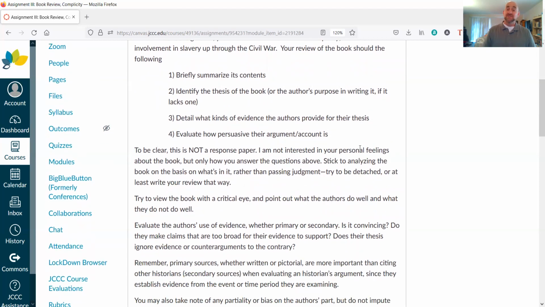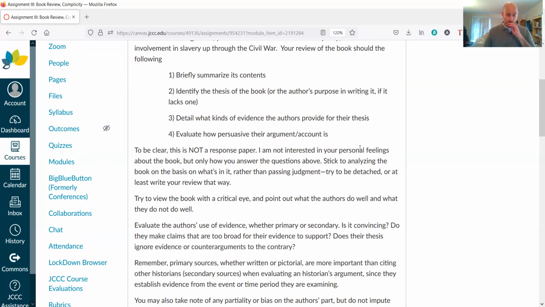Third, you need to talk about what kinds of evidence the authors provide for that thesis. And by types, I don't just mean what things they say, but what types of documents: letters, diaries, government documents, books, novels, surveys, polls.